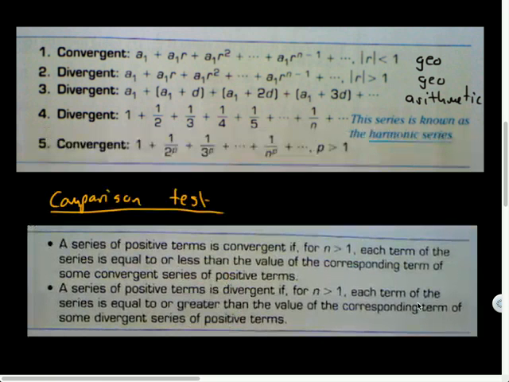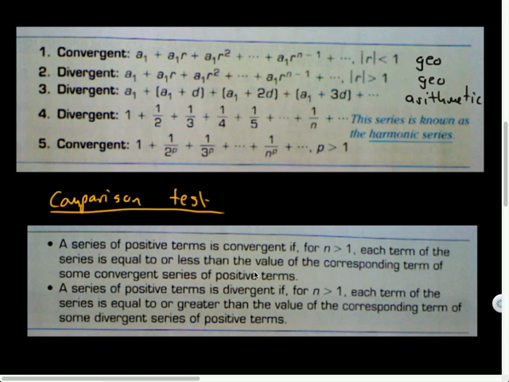So let's see. A series of positive terms is convergent if for n greater than 1 each term... All right, let's explain this. Basically, I'm going to compare some unknown series, a series that I don't know whether it's convergent or divergent.